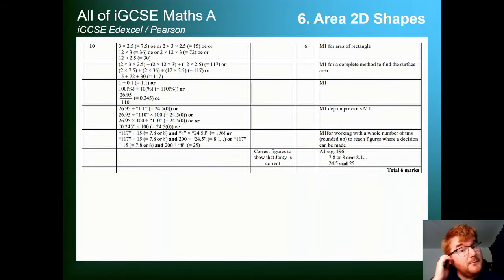You can see the official mark scheme here, and notice I've covered this, working out the sides, working out the total sides, working out the 24.5, and then working out the 7.8 or 8 part, and then calculating that through to give me the 196. So I'm picking up all those 6 marks just by explaining that very carefully as I'm going through.